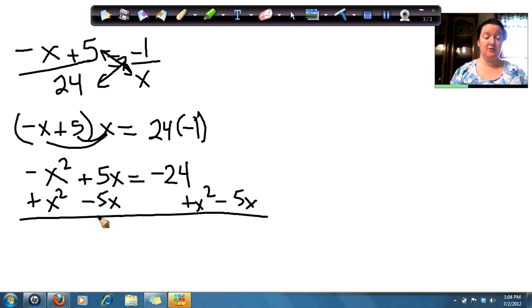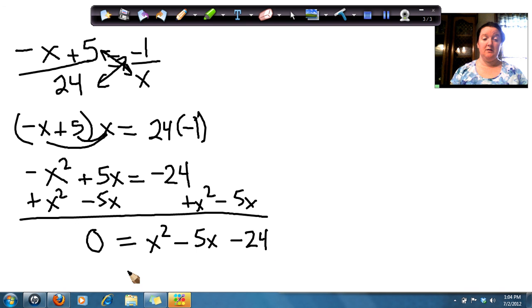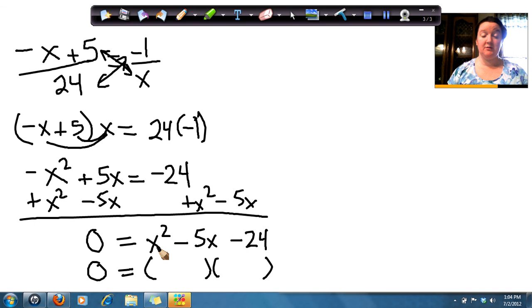Now I have 0 on the left side, again. I'm going to put the x squared first, minus 5x, minus 24. So now I'm going to get 0 equal to, and make my two sets of factors. I know what will multiply together to give me x squared: an x and an x.